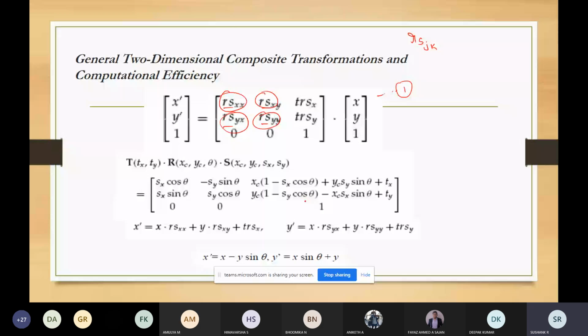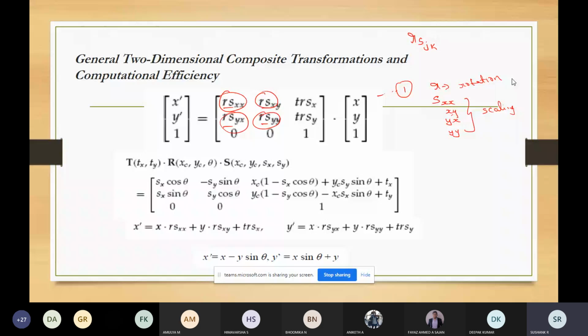R will be the multiplicative rotation term, and S will be SXX, SXY, SYX, and SYY, the multiplicative scaling terms. So R indicates the rotation term and S indicates the scaling term.